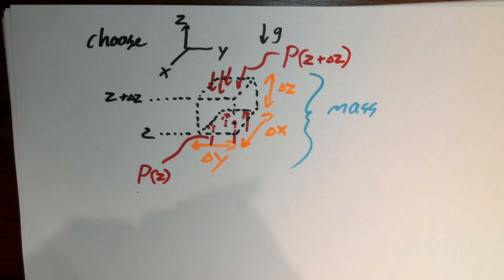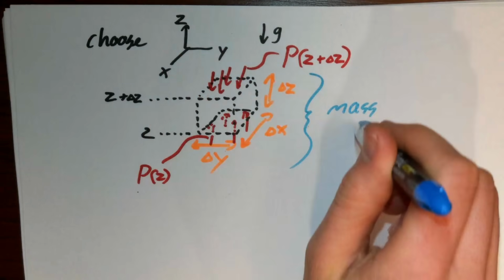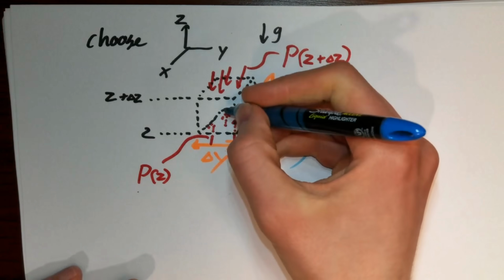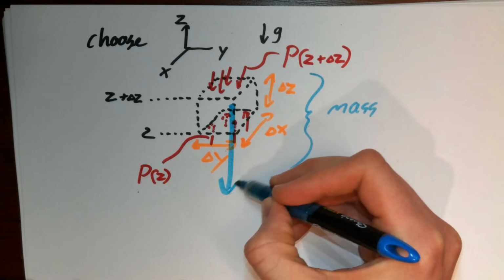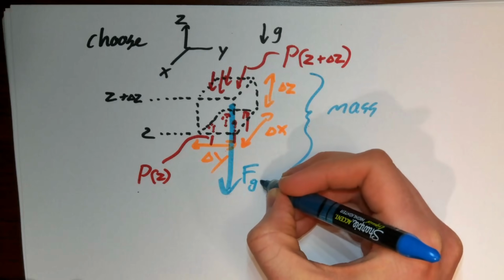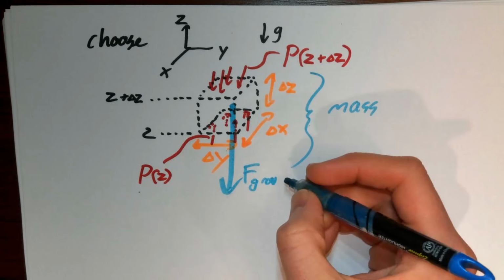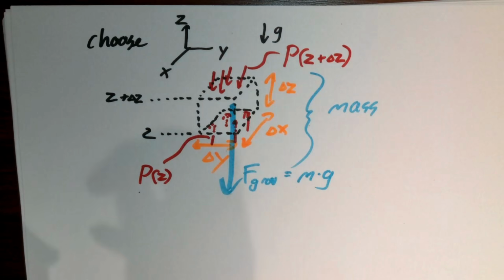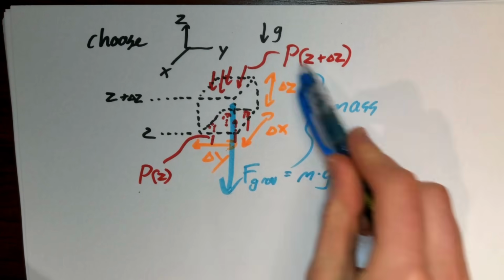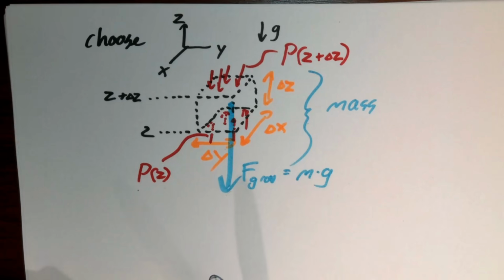So we have this chunk, we have pressures. We're going to need to work out the mass, because the gravitational force on this chunk of fluid is going to be mass times g, and it's going to be pointing in the minus z direction. So, yikes, we have a lot of work to do.